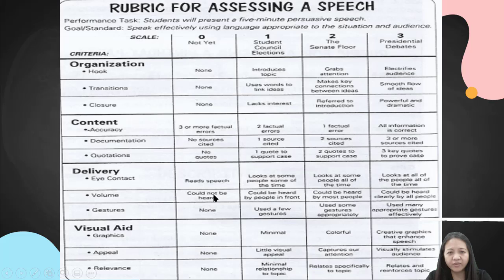And for this one, we have the level not yet, or students' council elections, the Senate floor, or the advanced one is the presidential debates. This is the example of it.